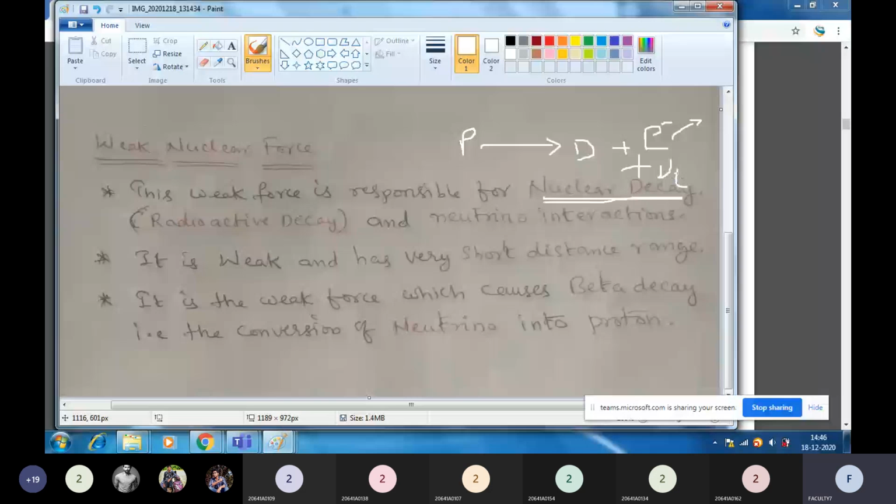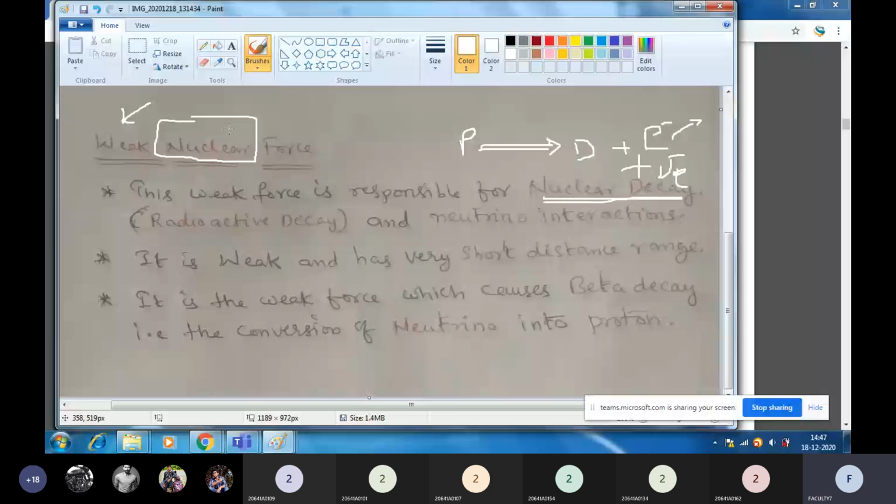The force causing these emissions, these beta decay reactions, is involved in radioactive reactions. This force, which is regarding the nucleus, is weak when compared with the other forces, other than the gravitational force. Compared with the strong nuclear force and the electromagnetic force it is weaker, but it is stronger when compared with the gravitational force.